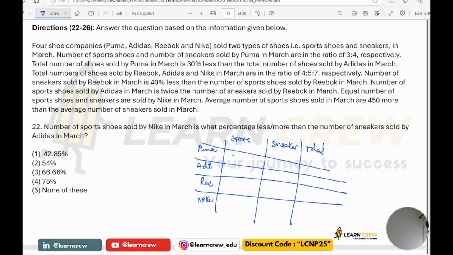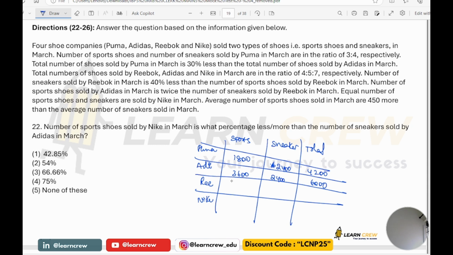Okay, so if I write the final thing, it is 3 into 600, 1800; 4 into 600, 2400, thereby 7 into 600, how much? 4200. So it would be 3600, 2400, it would be 6000.